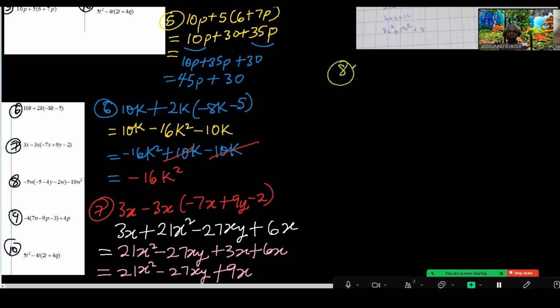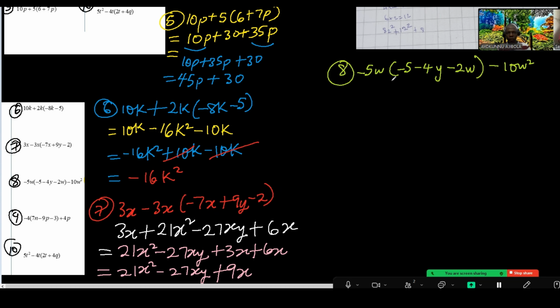Number 8 says minus 5w into negative 5 minus 4y minus 2w, then minus 10w squared.